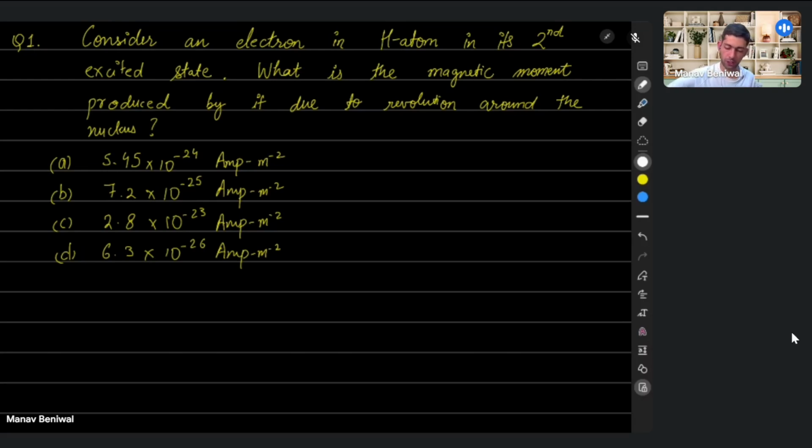So we do not need to worry too much about the units, and then we can begin solving our problem.